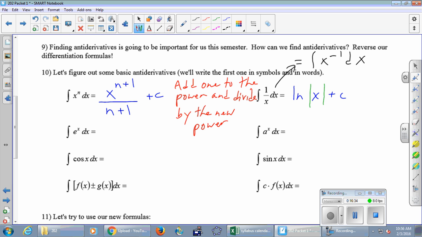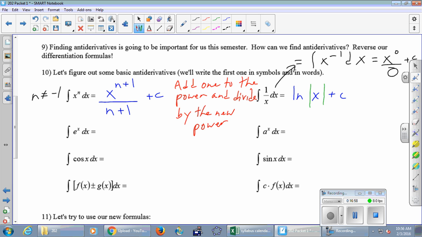Add 1 to the power, it becomes x to the 0, and divide by the new power, 0. Right, so I probably should have said over here, as long as n is not what number? -1, that's the one that you cannot use that rule on. So that's why we have to have a separate rule for that particular power. Plus c.